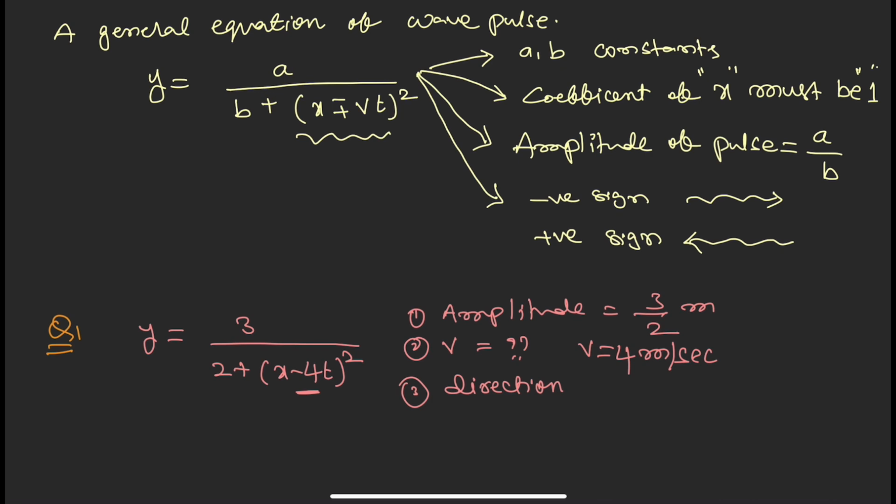What is the direction? The sign is negative, and it should be either forward direction or backward direction. So minus means forward direction, so the direction is along the positive x-axis. Questions like these will be asked.